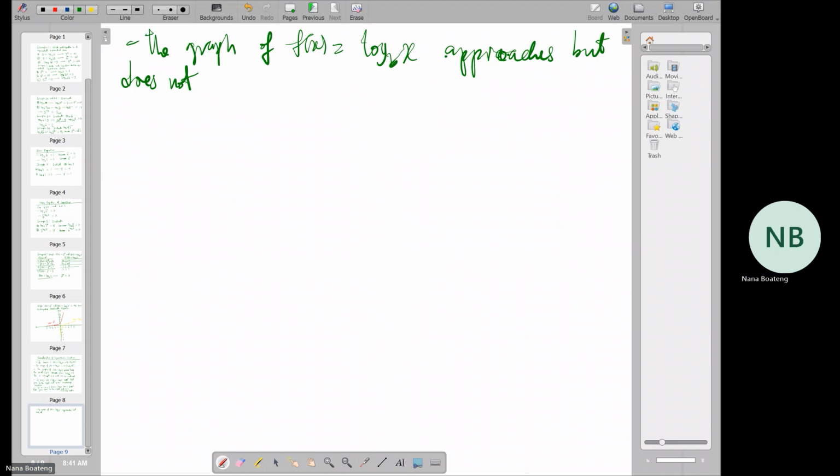Approaches but does not touch the y-axis.